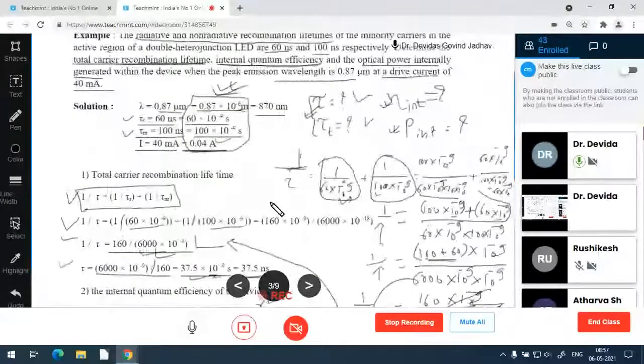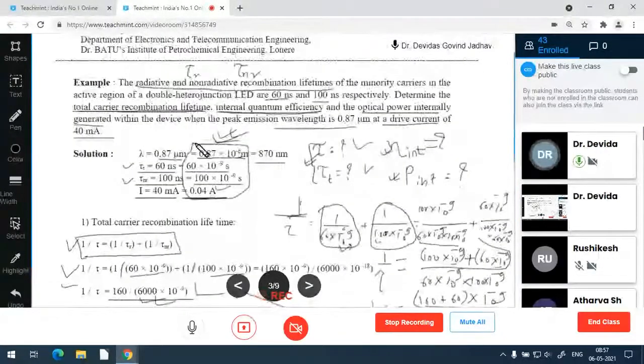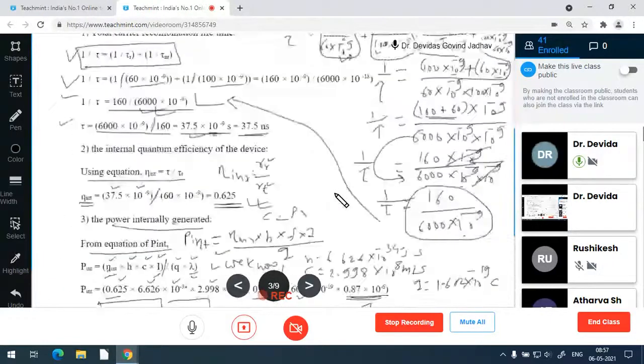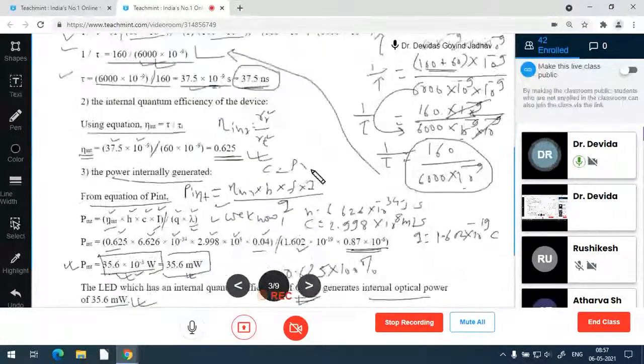So what were we asked to calculate? The total carrier recombination lifetime tau, the internal quantum efficiency eta internal, and the internally generated power P internal. The total recombination lifetime is 37.5 nanosecond, or 37.5 into 10 raised to minus 9 second.